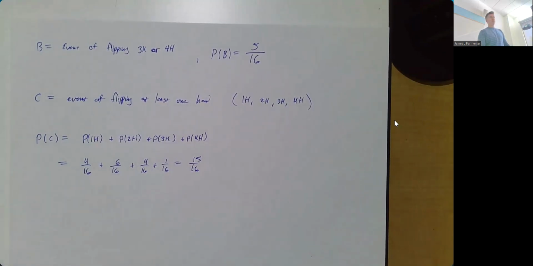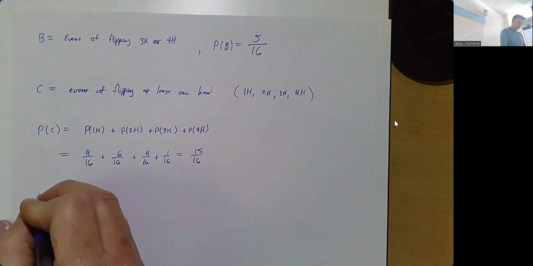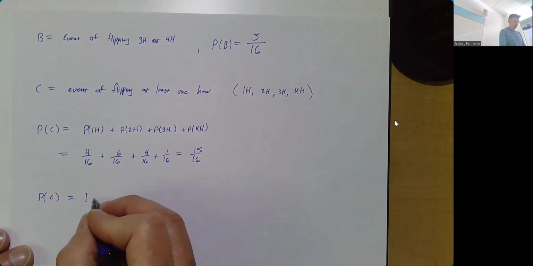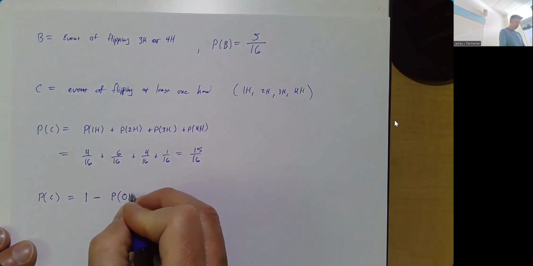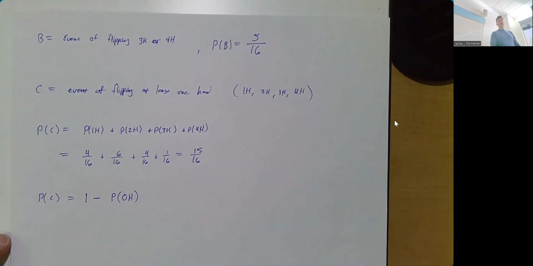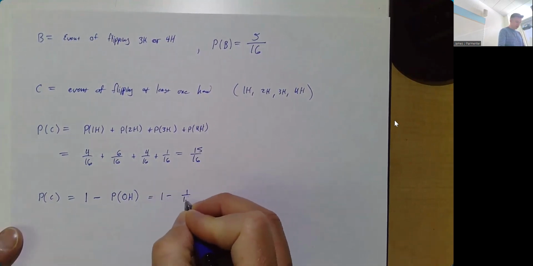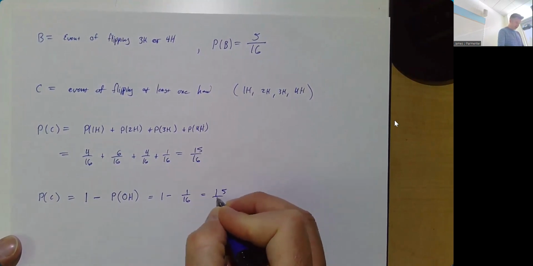Even though this example is fairly tame, it would have been easier to find the probability of C by finding instead the total probability, which is 100%, minus the probability of not getting C, which is 0 heads. 0 heads is everything that isn't at least 1 head. The probability of 0 heads is 1/16, and 1 minus 1/16 is 15/16.